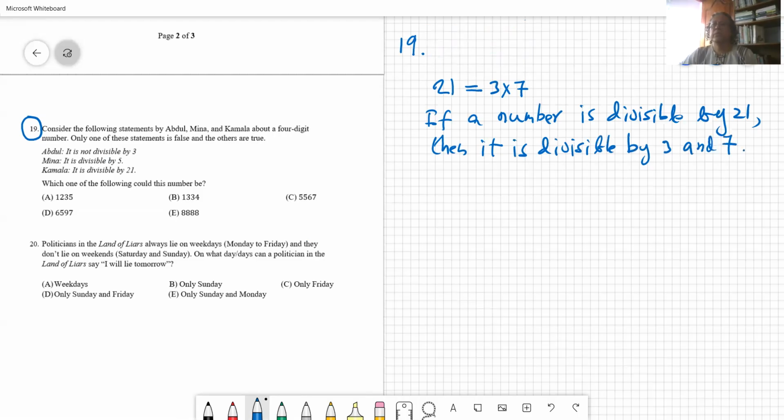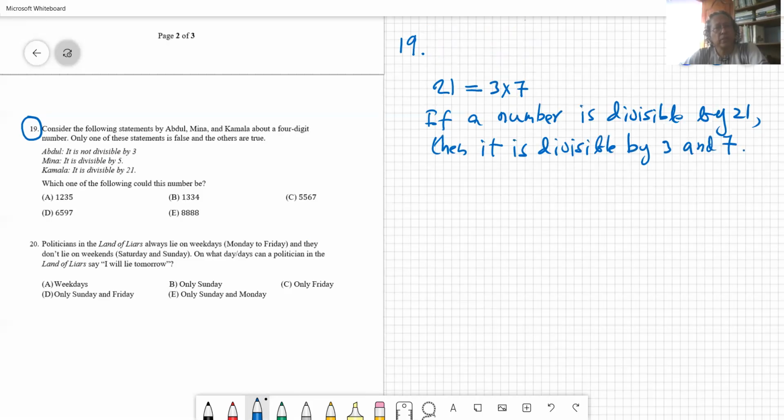Because 3 and 7 are numbers with no common factors other than 1, right? So when two such numbers divide a number, then the product also divides the number, right?